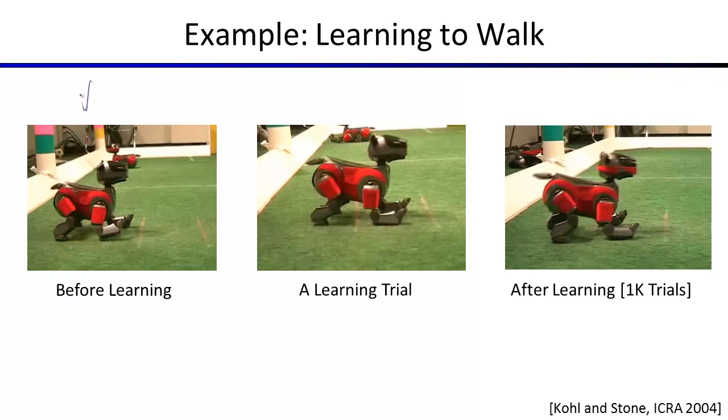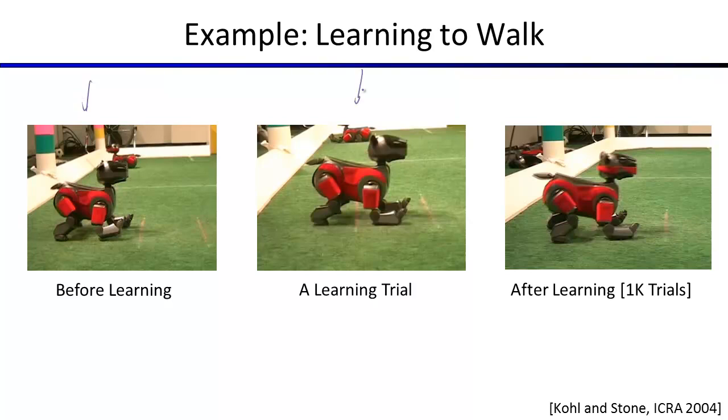By before learning, I mean somebody went in and hard-coded a policy, saying, well, I think to walk well, you need to do this sequence of motor motions followed by this sequence of motor motions and so forth, hoping that is somehow meaningful. That's really hard to do because it's hard to think about what would happen if you are a robot dog and exactly what the results would be of each motion.